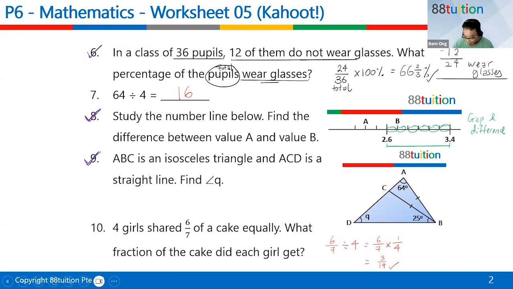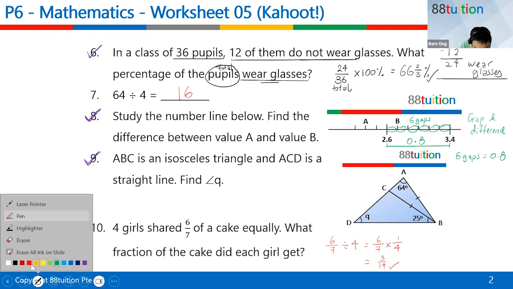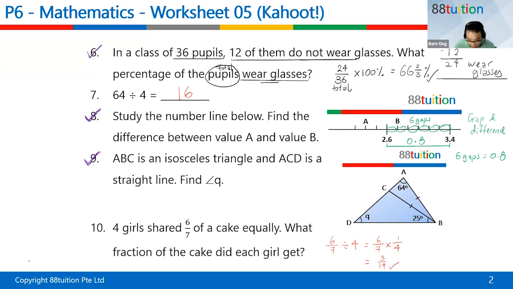All right, difference means what? You take the big number, 3.4 minus 2.6, right? So the difference is 0.8. How many gaps? We have 6 gaps. So 6 gaps actually represent the difference of 0.8. What is the question asking for? The question is asking for the difference between value A and B, which means the gap here.